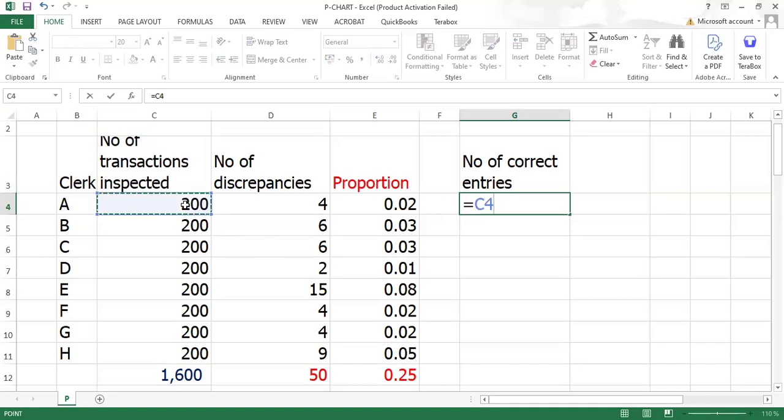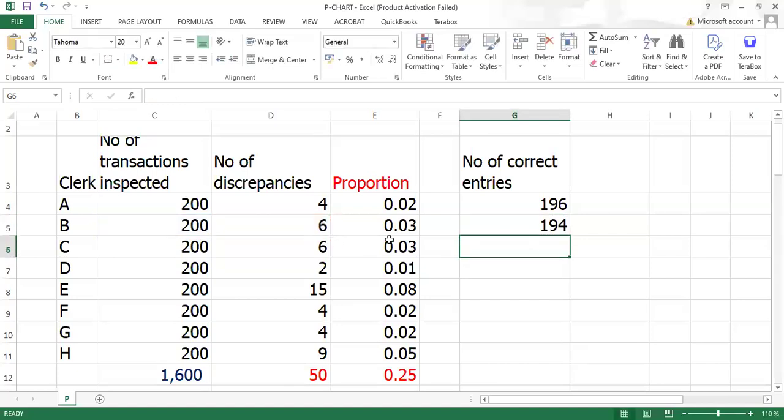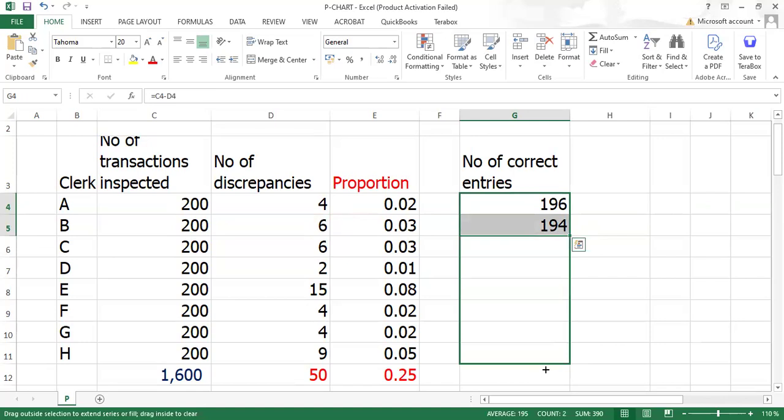You get the 200, then you subtract the number of errors or the number of discrepancies. You do the same, get the total transactions minus the total errors. You do the same for all.